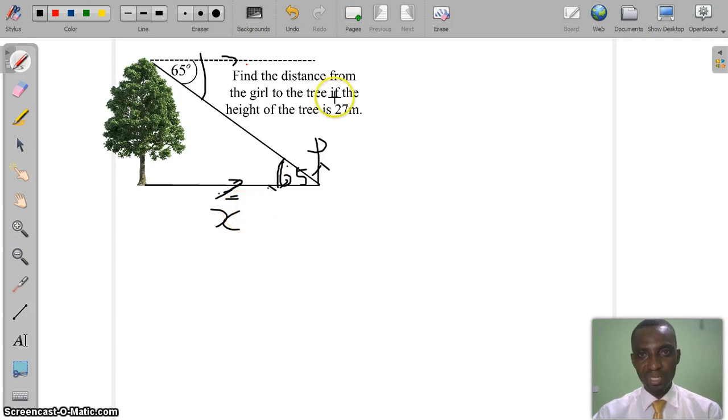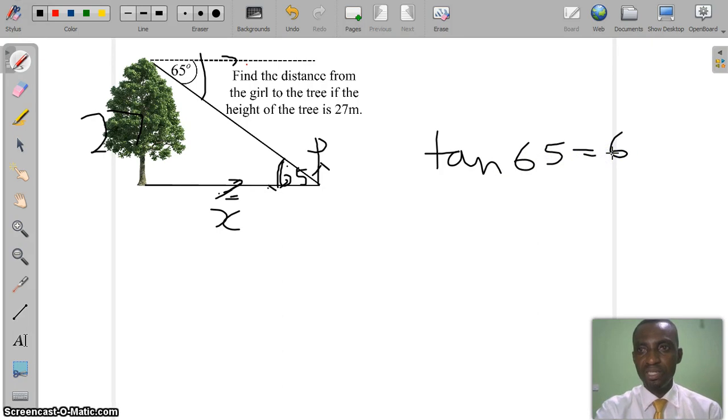The question says the height of the tree is 27, so 27 is given for the height of the tree. Since we have opposite and we want to find adjacent, we can go for tan. So tan 65 will be equal to opposite, which is 27.